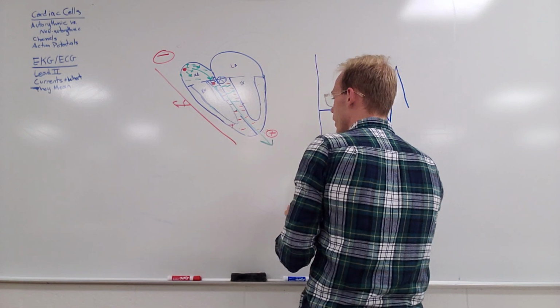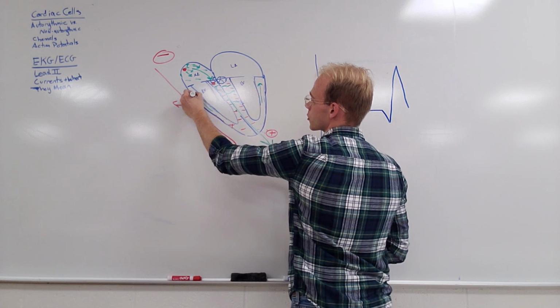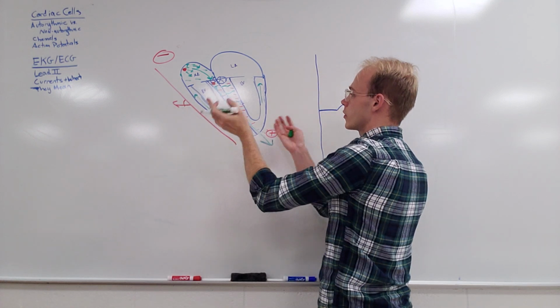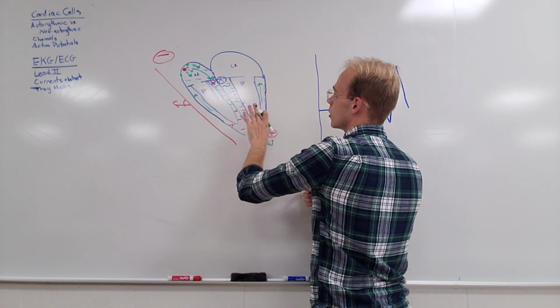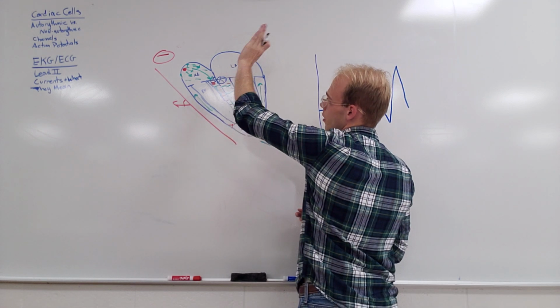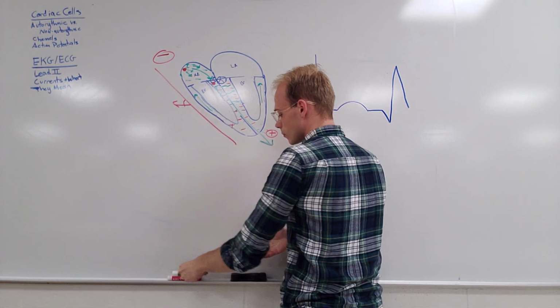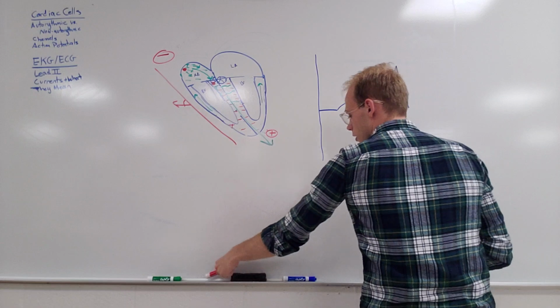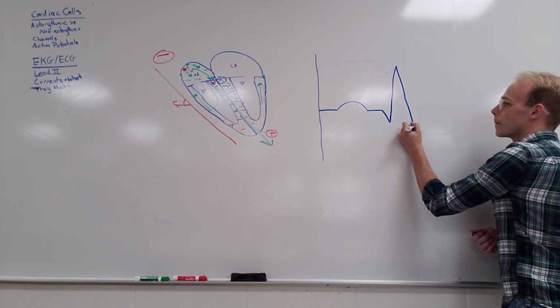Okay, and then what happens is we now start getting the tail end of the ventricles, so the superior portions of the outside of the ventricle start to depolarize. And so that average vector is now more this way, which you can tell is pointing more towards the negative electrode than the positive. So we go a little bit lower.